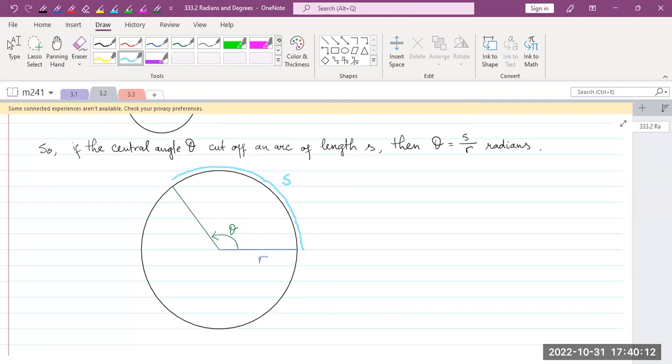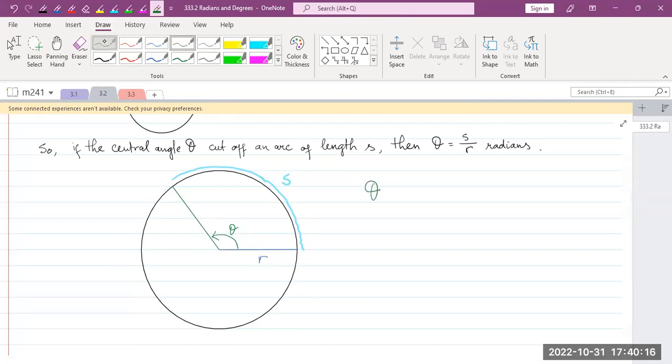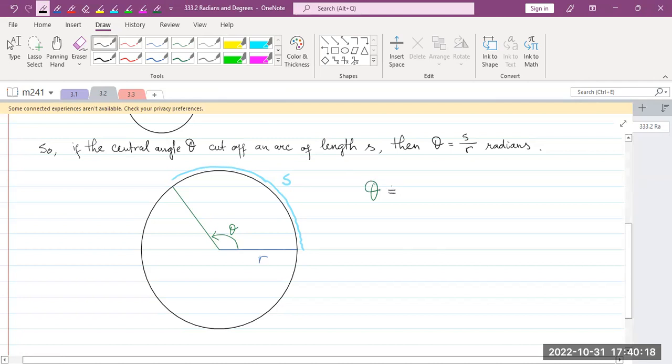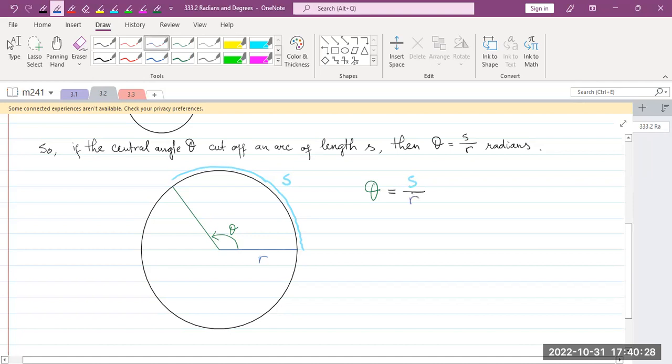Then that angle theta is equal to the arc length subtended by that divided by the radius r. It is just that simple.